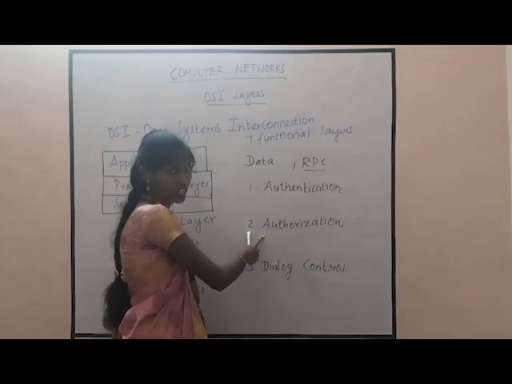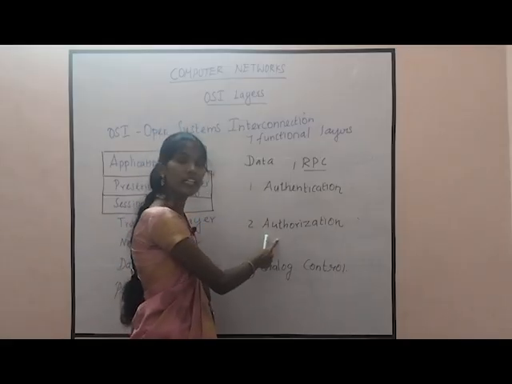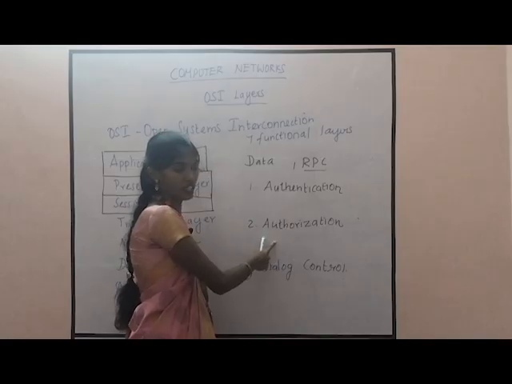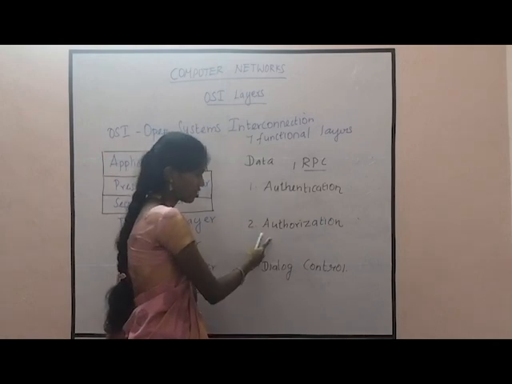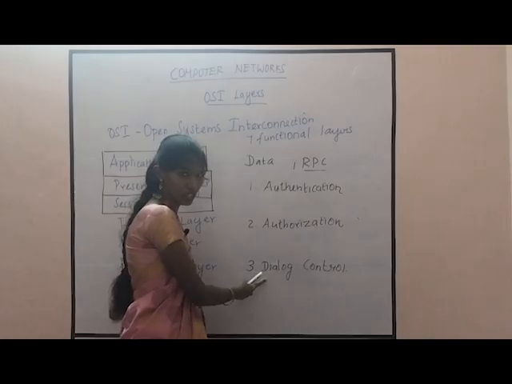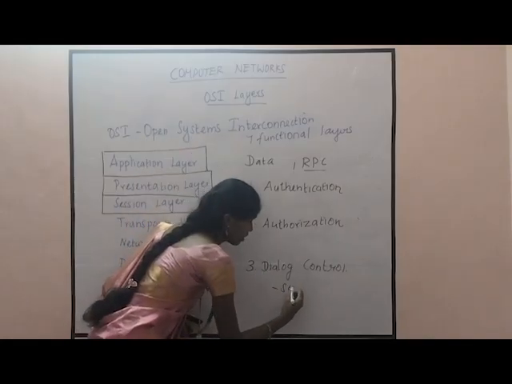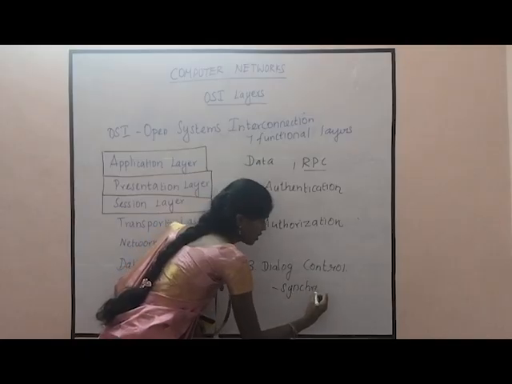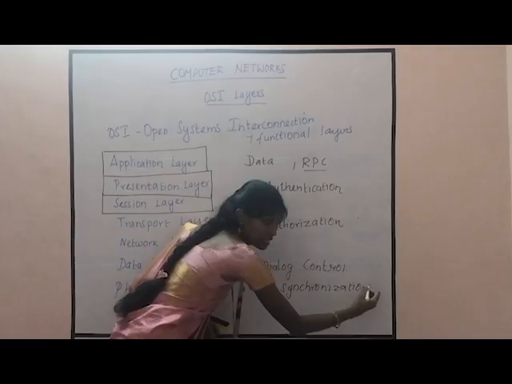Next, authorization. What are the access rights given to that particular sender or particular file or entity? First, authentication. Next, authorization. The entire session control, that is dialogue control. It is responsible for synchronization, and here we can have one more point, that is checkpoint.